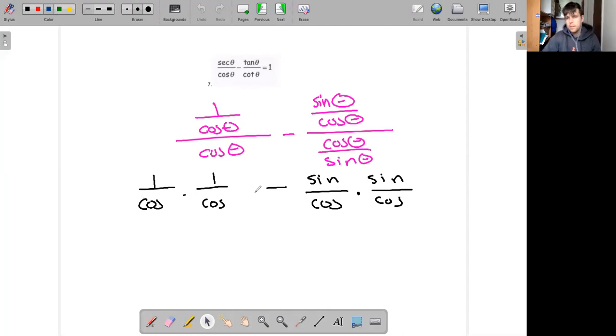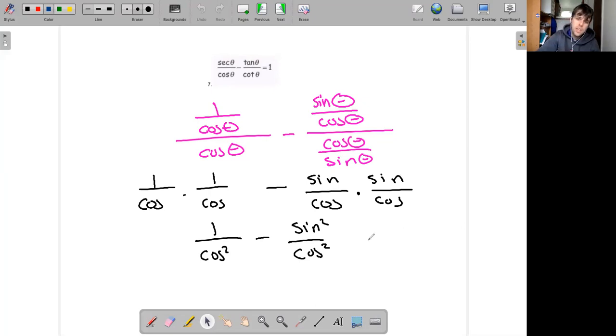All right. This one's not quite unfolding the exact way I thought it would, but that's okay. Sometimes they're a surprise. We end up with 1 over cosine squared minus sine squared over cosine squared. There are a few different ways to approach the ending on this.